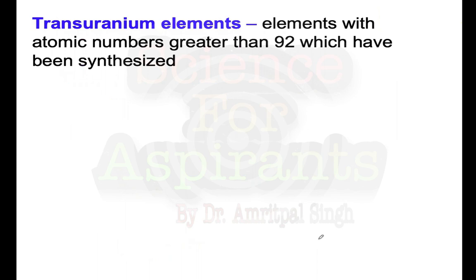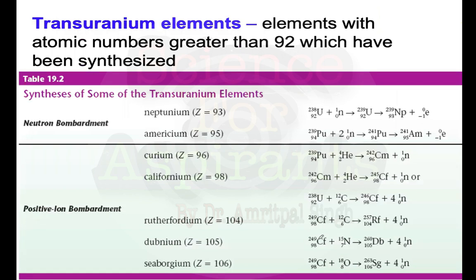Another topic is transuranium elements. These are elements with atomic number greater than 92 which have been synthesized, so they are artificially formed elements. This is with neutron bombardment.